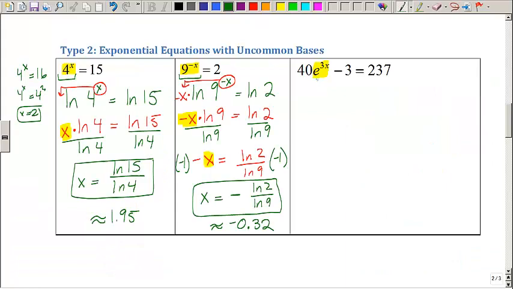On my last example, my base with the variable exponent is not yet isolated. So first I want to get rid of the minus 3 and the 40 multiplied by e to the 3x. So I'm going to do the opposite using my linear skills.